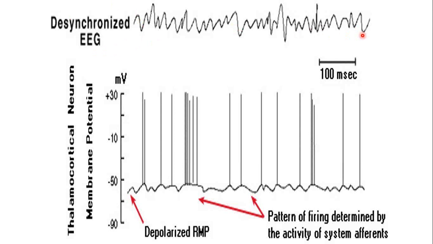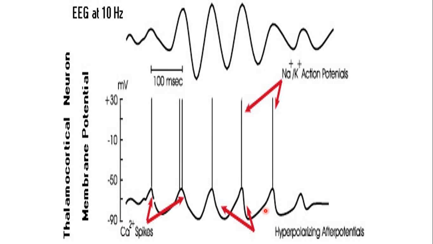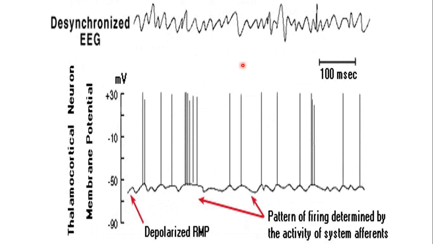Okay, so now that I know that some of you are awake, let's look at the desynchronized pattern. What do you see here? Where are the hyperpolarizing after potentials? They ain't there, folks. They ain't there because we're in a depolarized resting membrane potential state. We're above the threshold level. We didn't go to that hyperpolarizing level we saw down here, so we don't generate that slow oscillating rhythm.